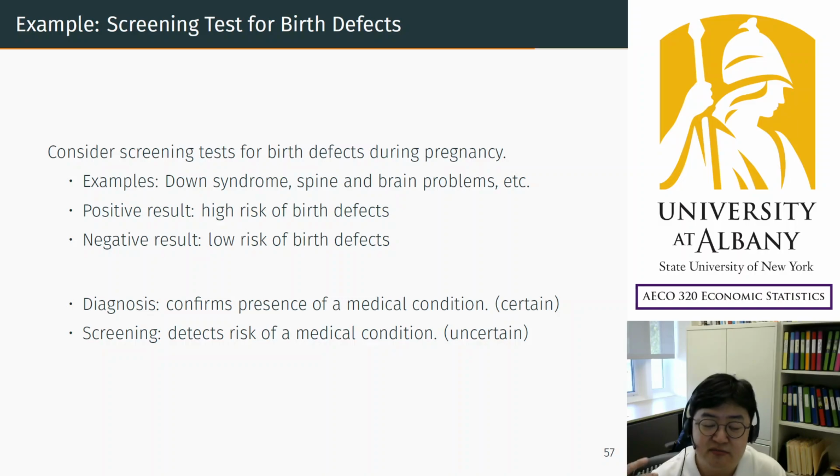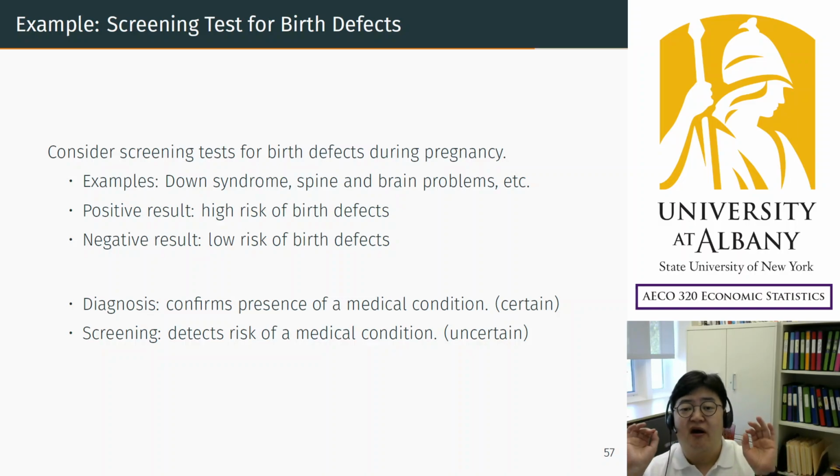And there are some screening tests for birth defects like genetic abnormalities. For example, it tests for Down syndrome, spine and brain problems, and there are many possibilities, even though they are very unlikely and have a really tiny probability. But parents worry about that.